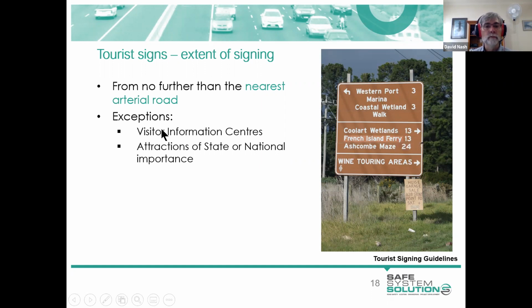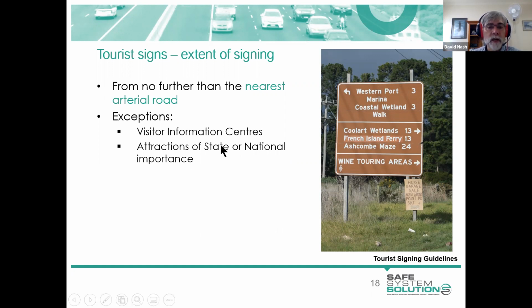The exceptions to that rule are visitor information centres, which we regard as the highest priority. If tourists are touring around and they want to know where to go, the first place they should go is to the Visitor Information Centre to pick up some brochures and talk to people about what are the good things to do and see in that area.